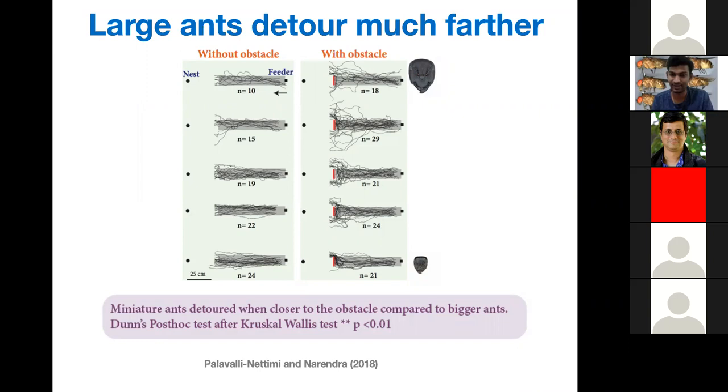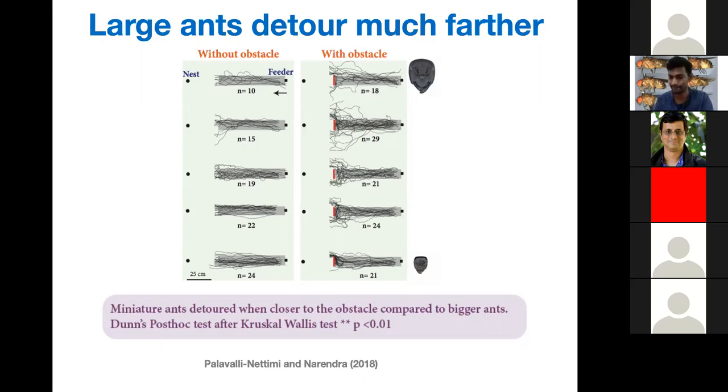So if they have to detour around it, and if they're seeing that particular landmark, for example, like a tree more prominently, they might just use that cue to navigate around. But yeah, that's a good question, but I don't have an answer for that.